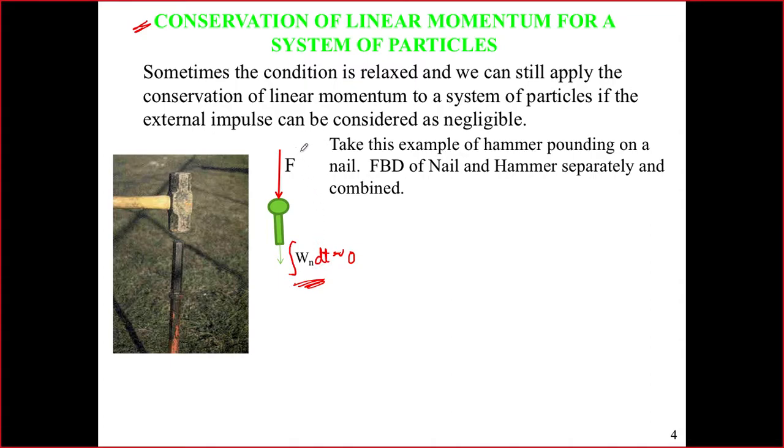Whereas this force F is pretty large in comparison to the weight. So clearly this one is going to have a fairly significant impulse being delivered to the nail, such that this force is called an impulsive force. Pretty straightforward from the names, right?